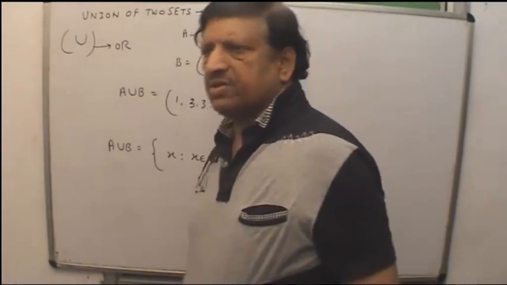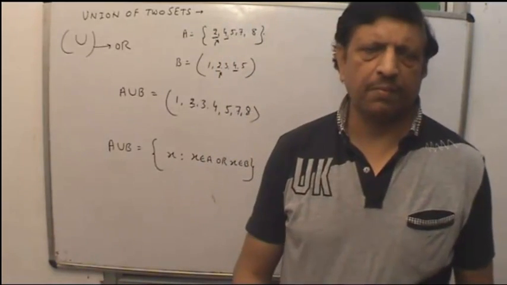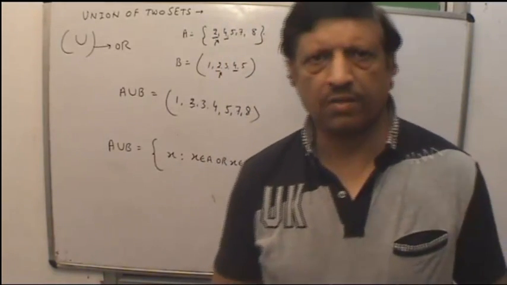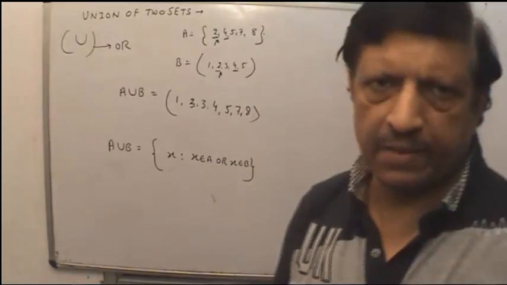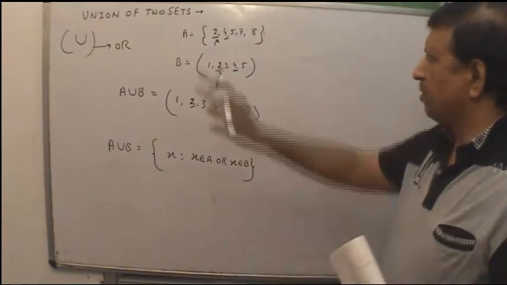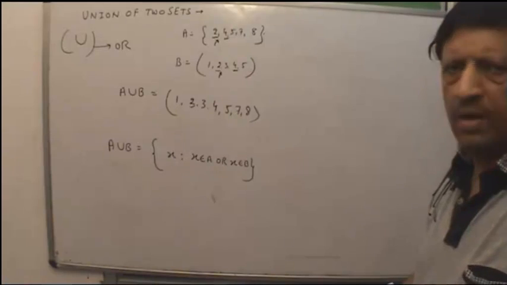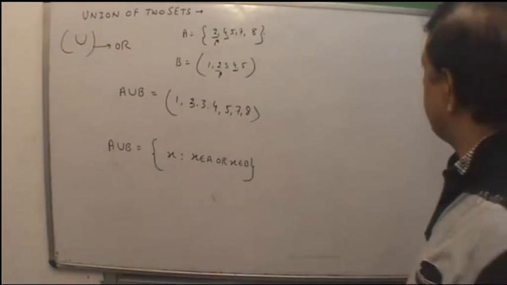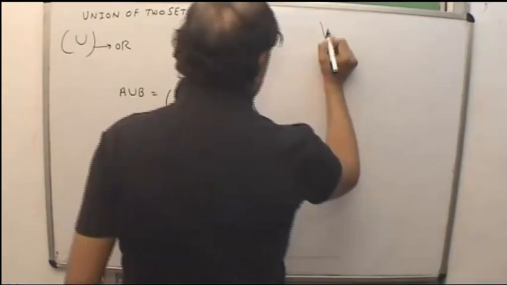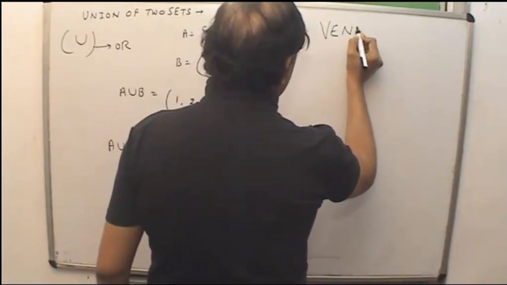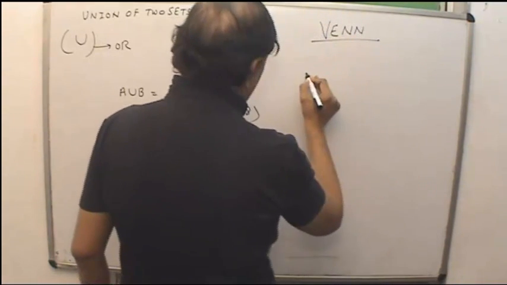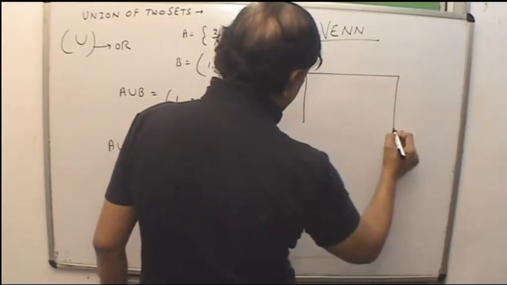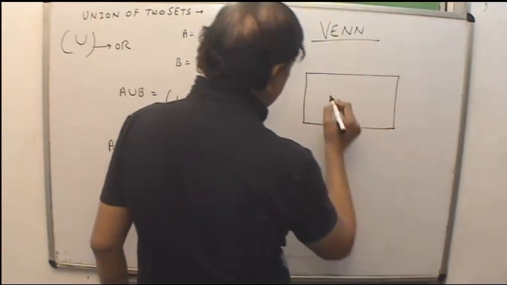Along with this definition, an important task is how to draw the Venn diagram. Venn is the name of the mathematician who gave the solution of these problems diagrammatically. We call them Venn diagrams. For union, we can draw a Venn diagram in this way.